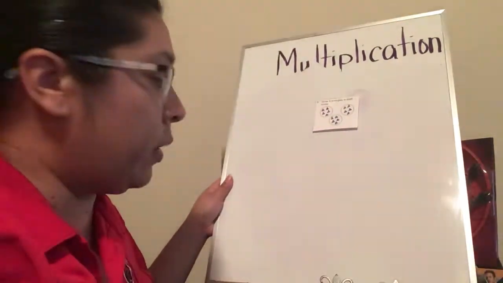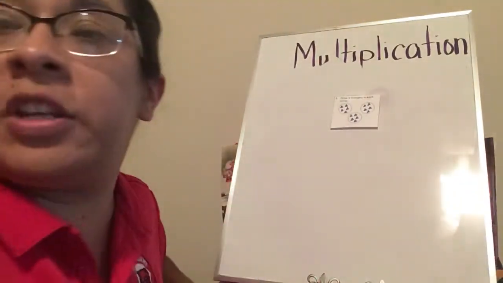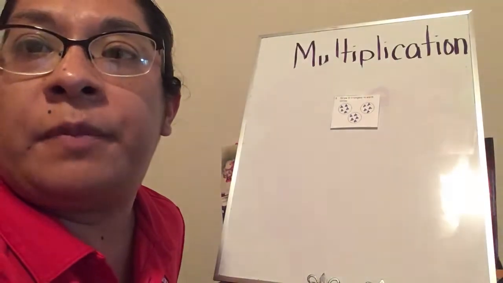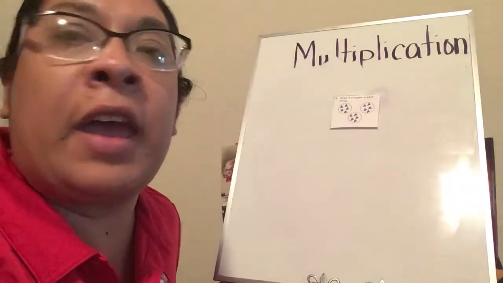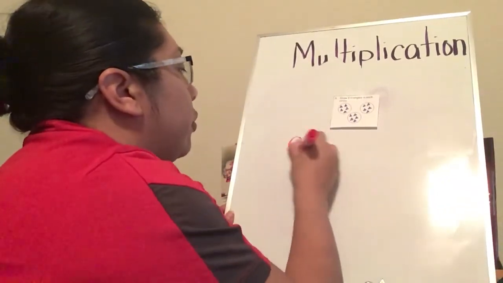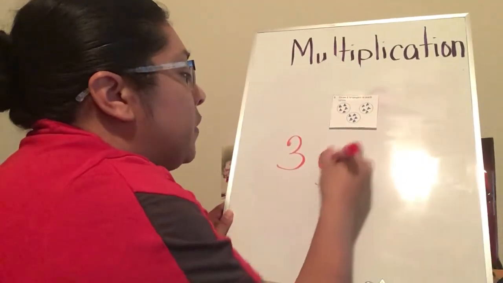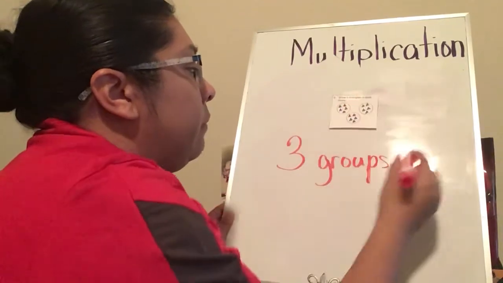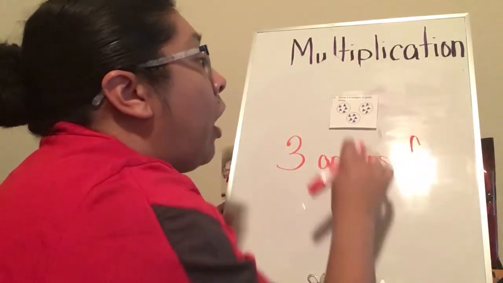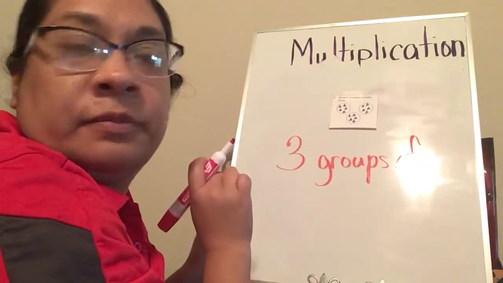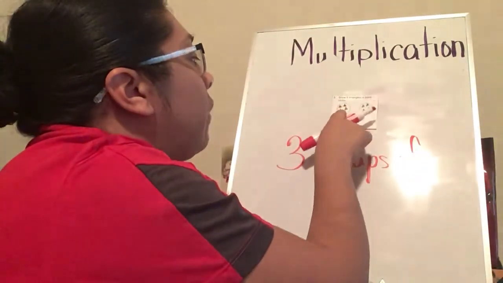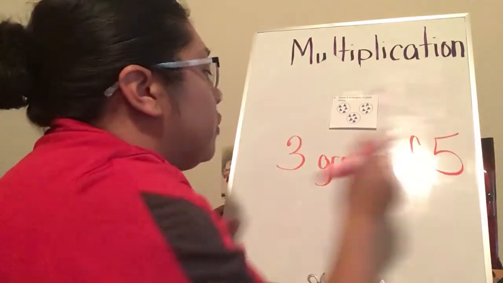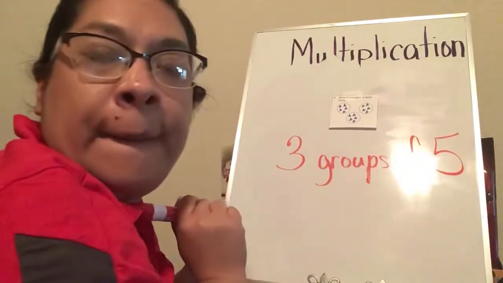Okay, so what would the multiplication statement be? So yes, it would start off as 3 groups, 1, 2, 3, of, now how many are in each? That's right, 5 in each group. So 3 groups of 5.